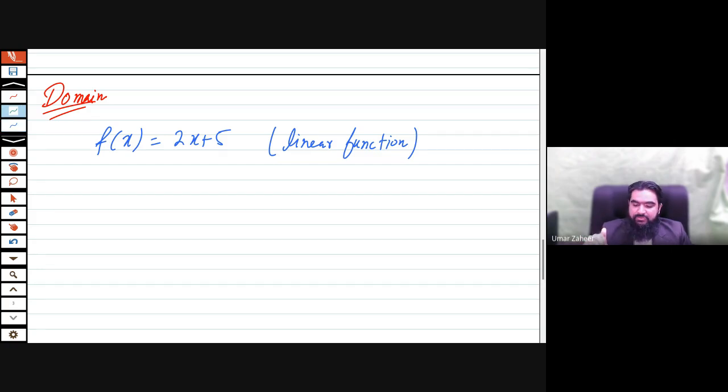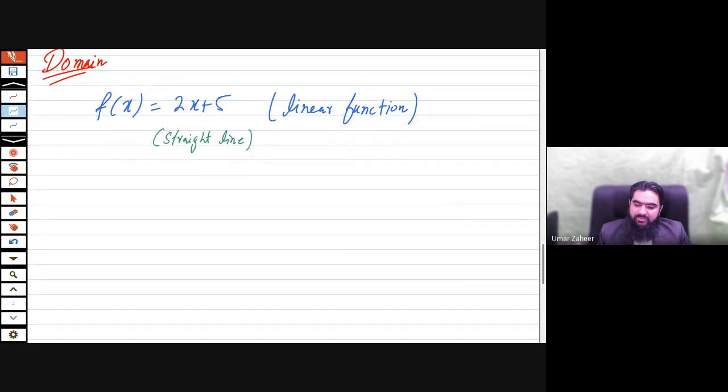Yes, can you tell me what does it mean? It shows a straight line, right? It is a straight line.